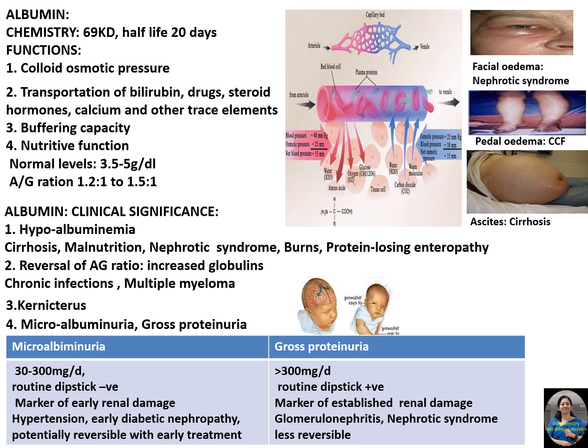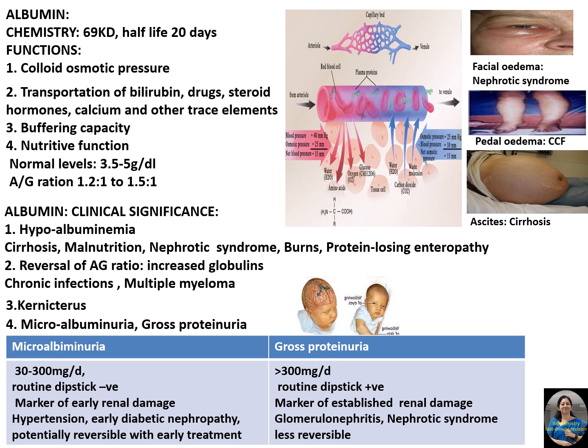Next is reversal of AG ratio, characterized by increased globulins and decreased albumin, mainly seen in chronic infection and multiple myeloma. Next is kernicterus. Kernicterus is a condition characterized by accumulation of bilirubin in the basal ganglia and other parts of the cerebral cortex in the neonate, resulting in development of spastic paralysis.